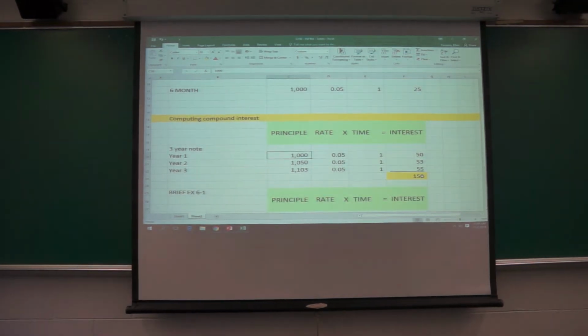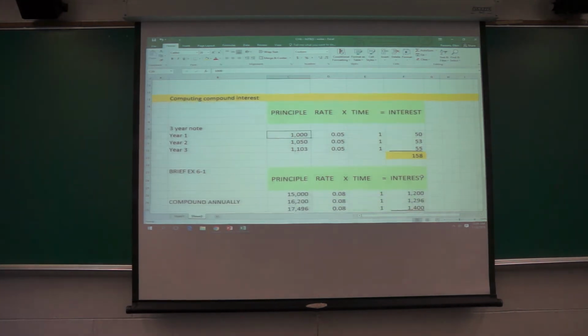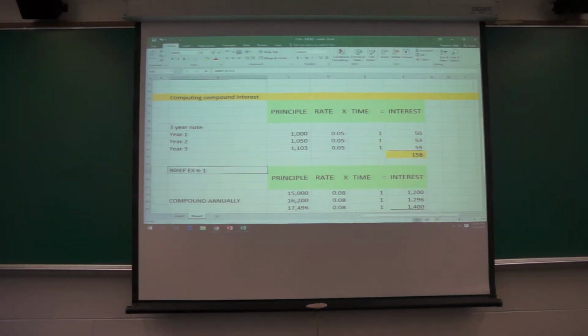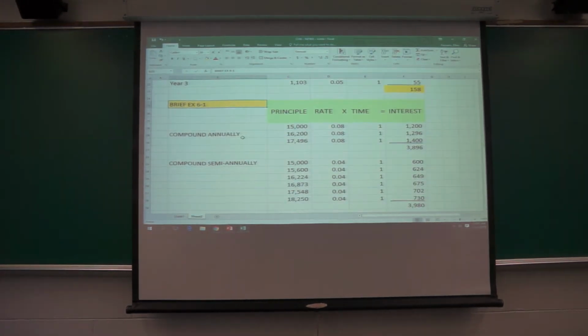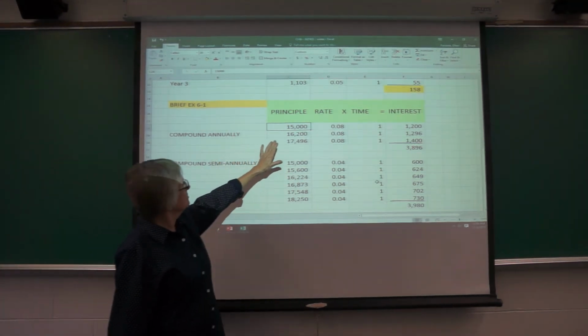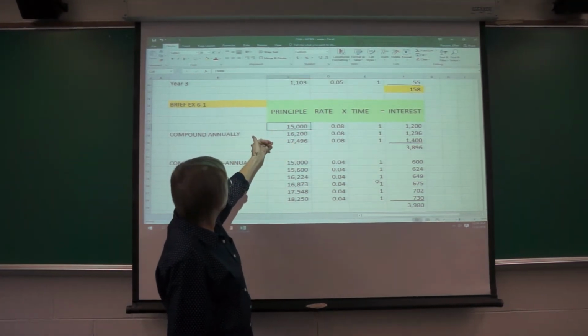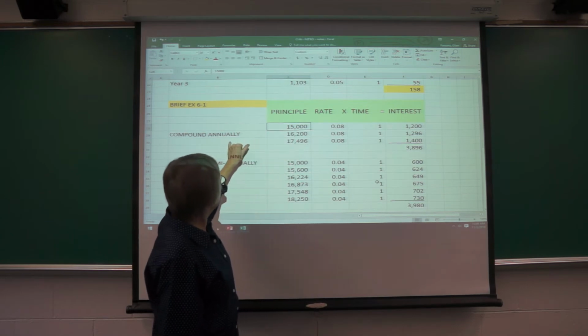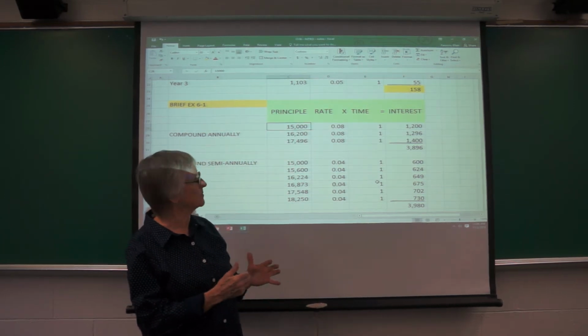Just to look at it a little further, and I think this is in your notes, if you look at brief exercise 6.1, this is a $15,000 note, 8%, and we're doing a 3-year note, compounded annually, once a year.